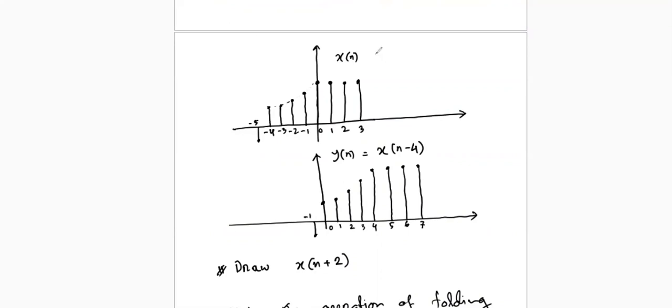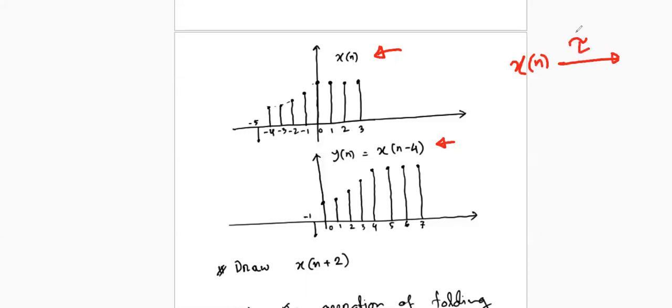So let's say we have our x[n], and this is x[n-4]. How to represent that? Try to understand this fact, it is very important. Let's say you are giving x[n] to a system.